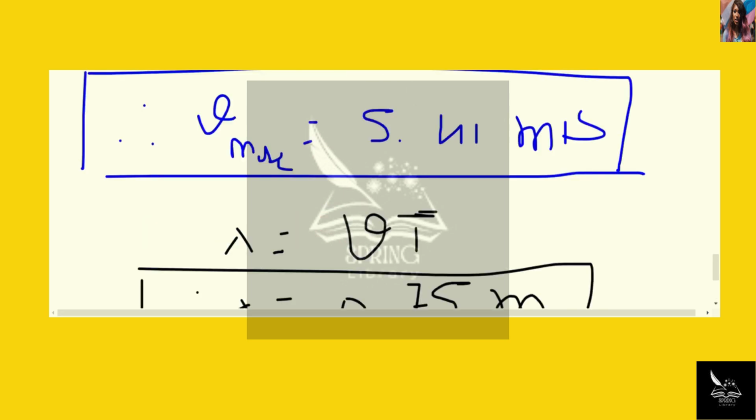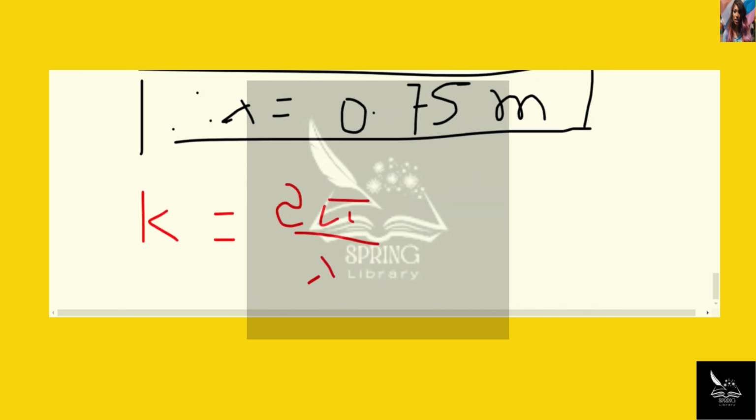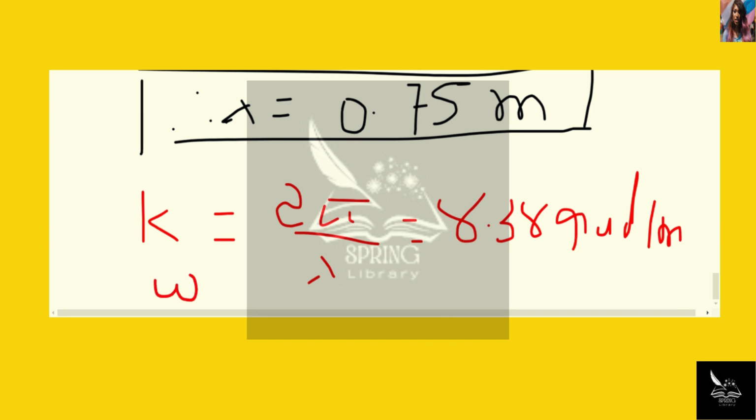So the k value will be equivalent to 8.38 radian per meter. In the same way we can find the angular frequency omega, which will be 2 pi upon T, and the answer will be 80 pi radian per second.